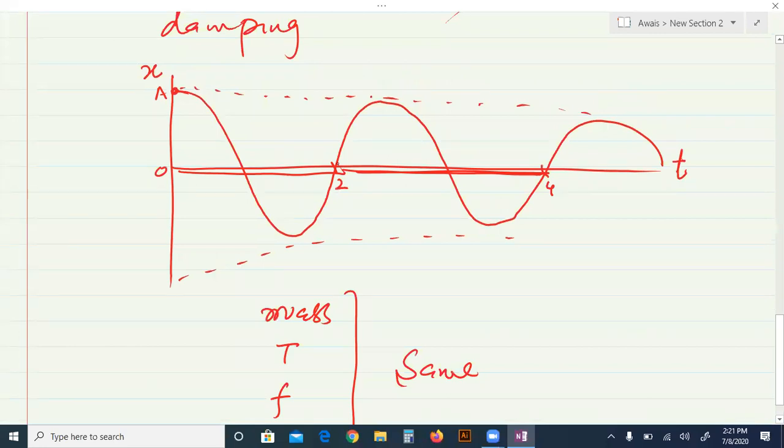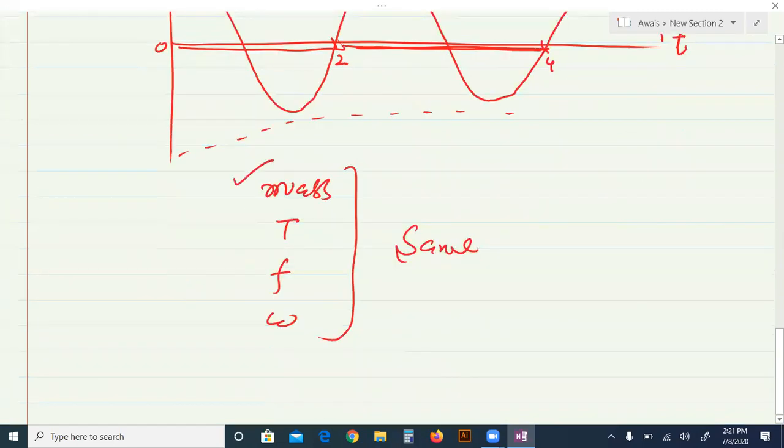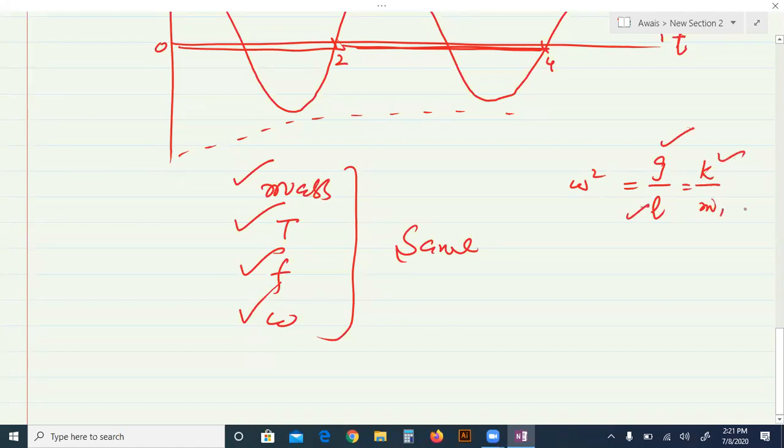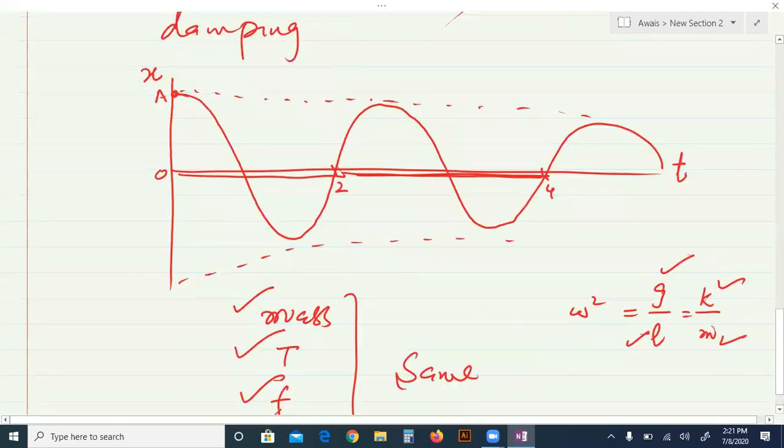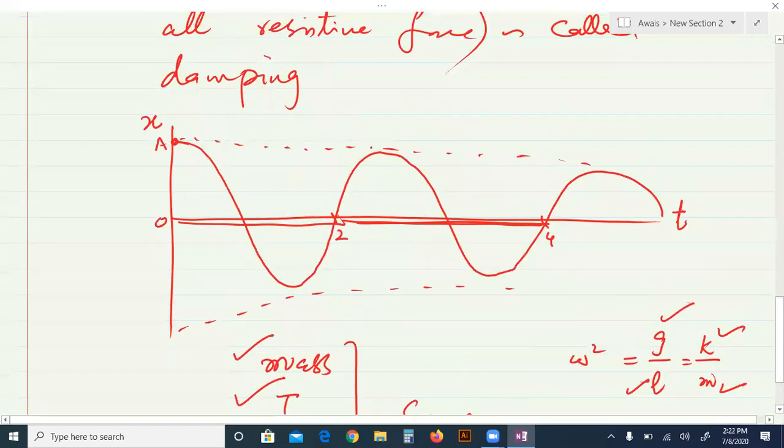So during damping, there is only a change in amplitude, no change in mass, no change in time period, no change in frequency, no change in omega, because omega square depends on g over L or k over m. So g is constant, length of the pendulum constant, material of the bob constant, mass constant. So during damping, only amplitude decreases due to decrease in energy.